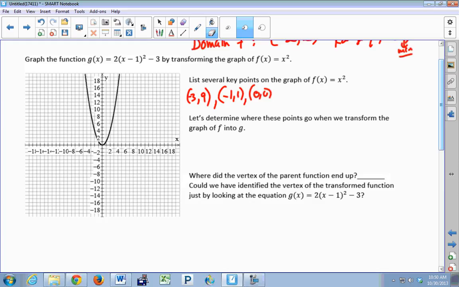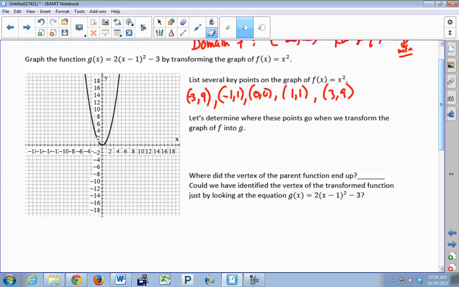And then similarly, let's do 1, 1 and 3, 9 on this side. Okay. So there's just 5 points. I could have picked any 5 points. There's no reason why I'm selecting those particular points.